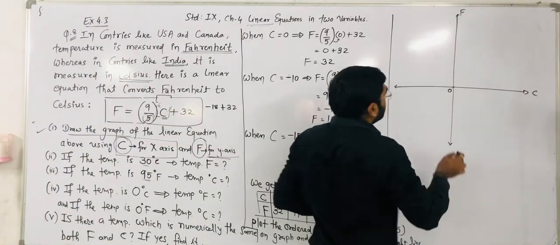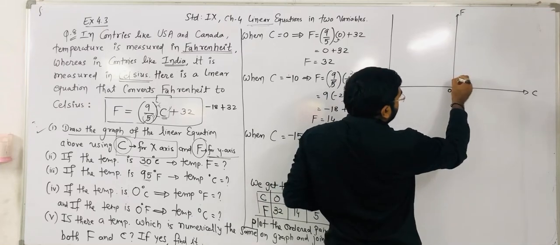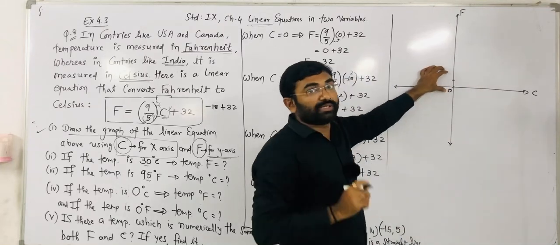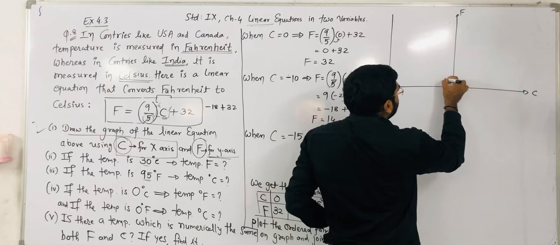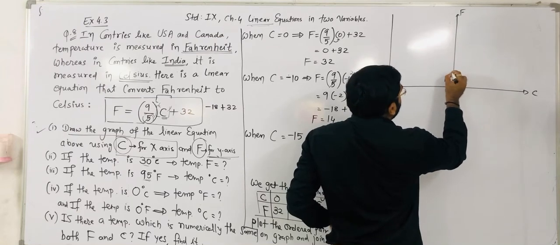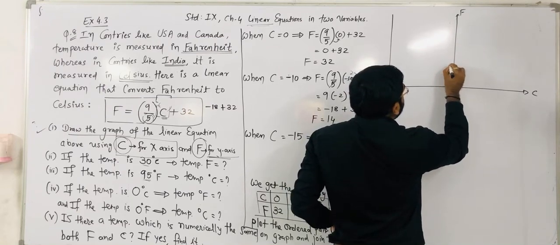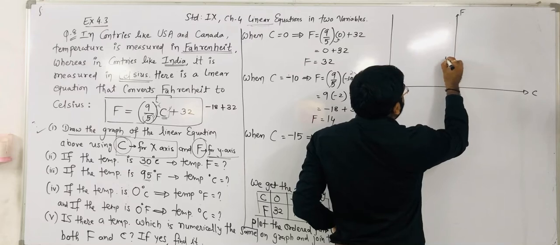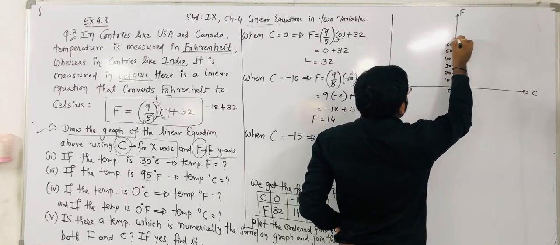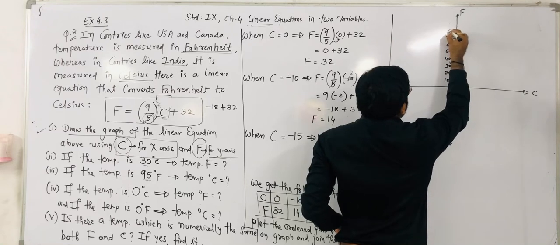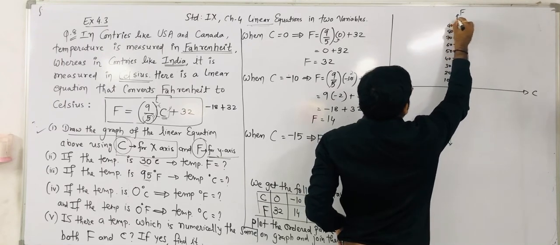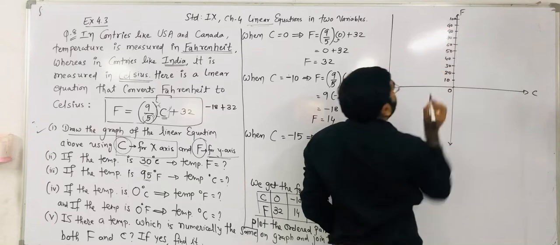So that's why here I take 1 centimeter equal to 10 units. 10, 20, 30, 40, 50, 60, 70, 80, 90 and up to 100.